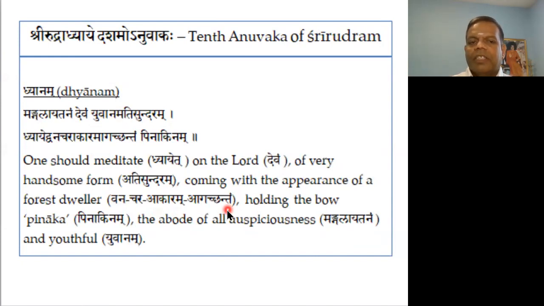The Lord apparently is coming towards us with the appearance of a forest dweller. Okay, one who moves about in the forest. Holding the bow, Pinakinam, the abode of all auspiciousness, Mangalayatanam, means he has all blessings, all things auspicious are in him. Yuvanam, youthful. So that is the way it's worshipped.